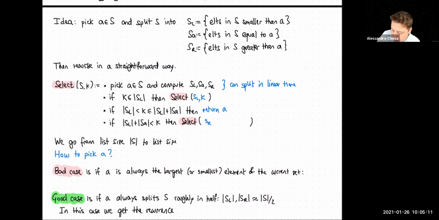Because I do want to write SR here, but I have to adjust the index. I have to shift the index to be relative to the size of SR. So I'm going to write K minus size of SL minus size of SA, because K was relative to the big list, but now all these things are definitely smaller, in which case I'm shifting back my index.